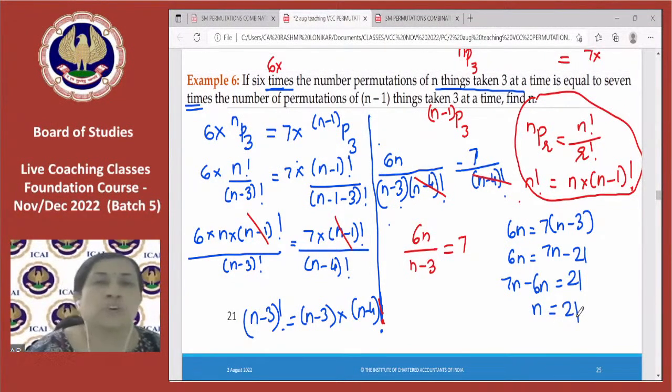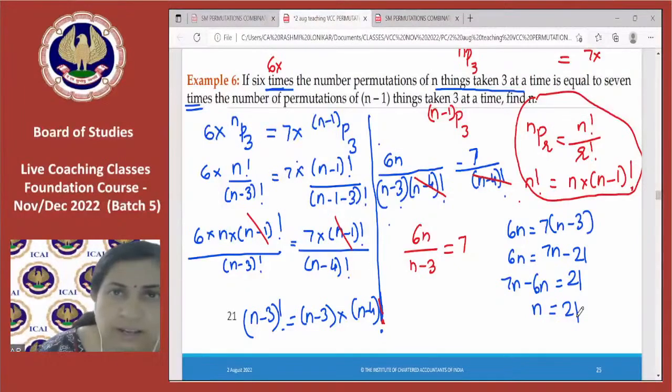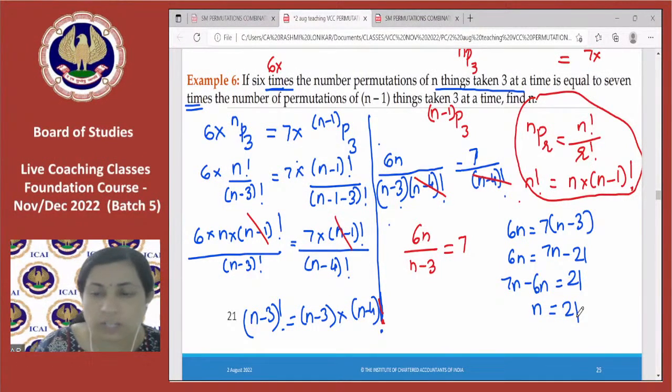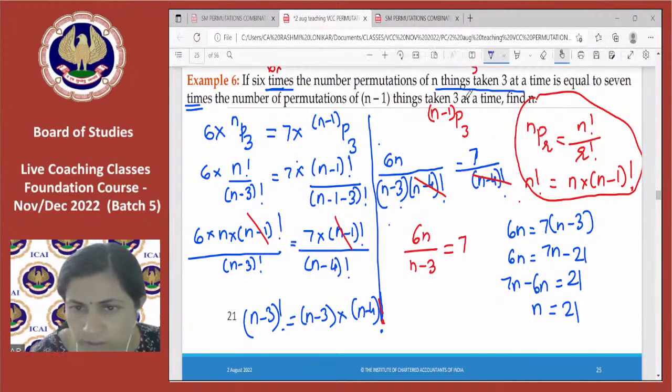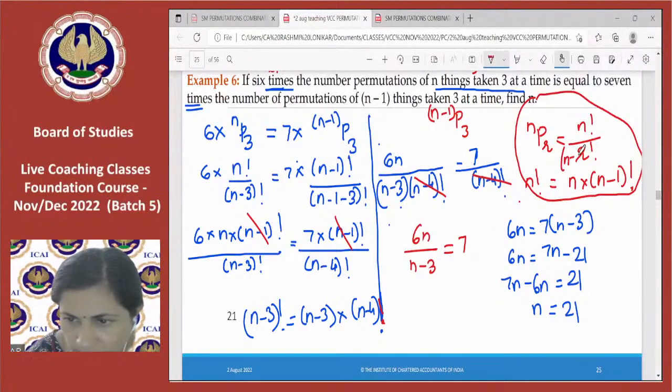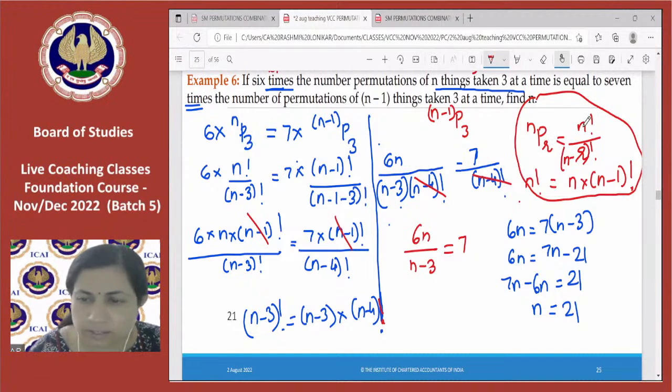Okay. You have been given the equation in word form. Convert it into equation form, write down the equation, and simplify it. Always use the formula nPr is equal to n factorial upon (n minus r) factorial, and remember that n factorial is equal to n into (n minus 1) factorial.